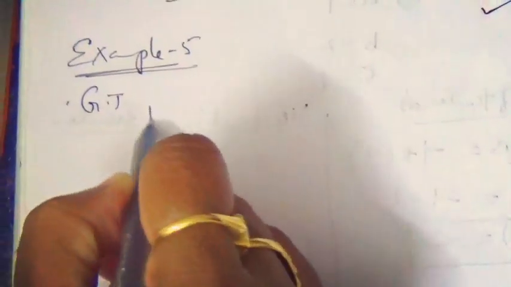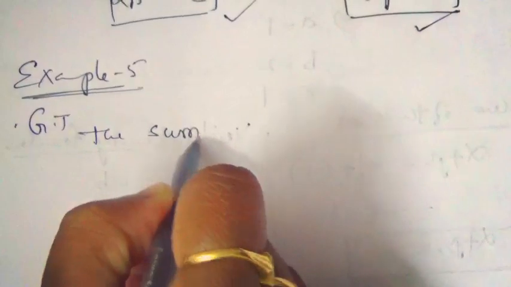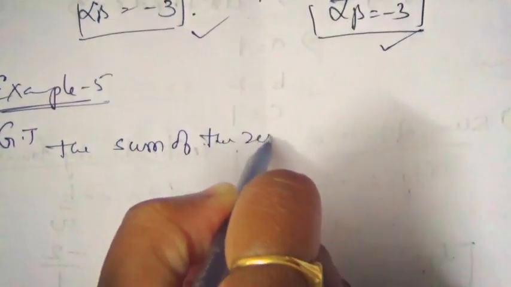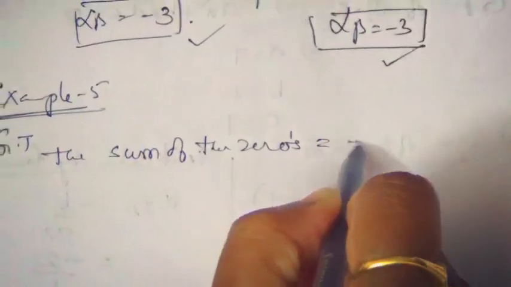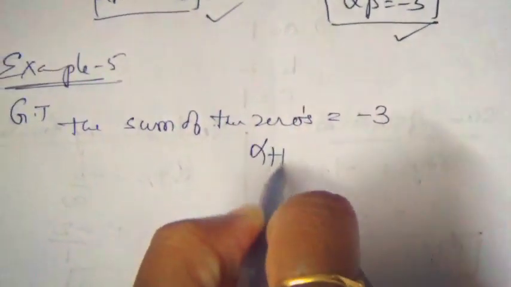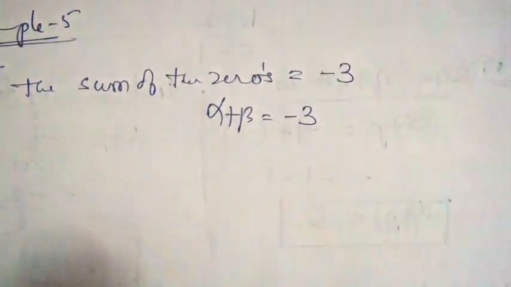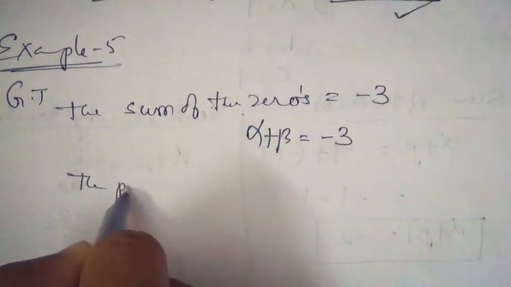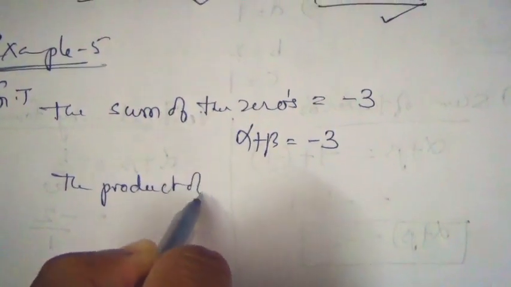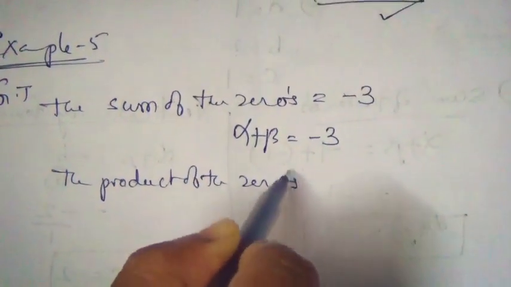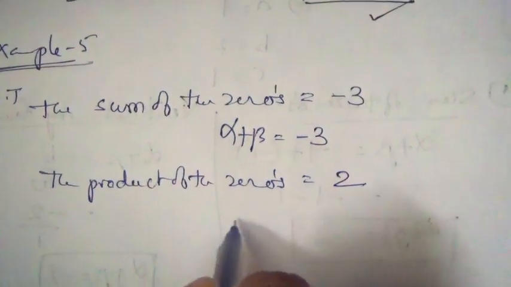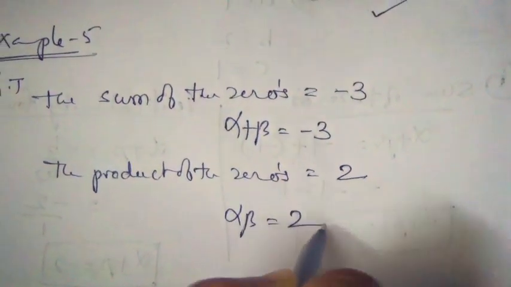Given in example 5 that the sum of the zeros is equal to minus 3, that is alpha plus beta is equal to minus 3, and the product of the zeros is equal to 2, that is alpha into beta is equal to 2.